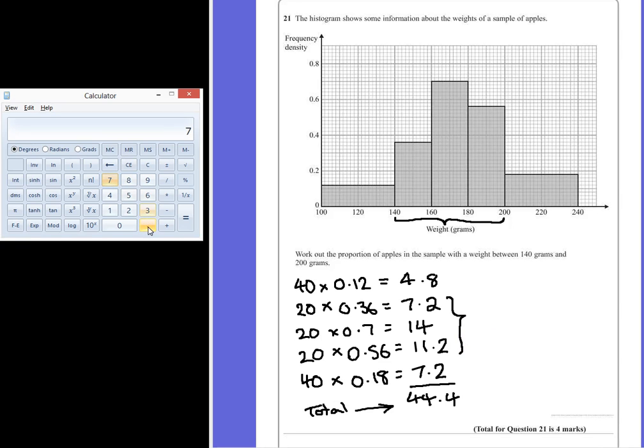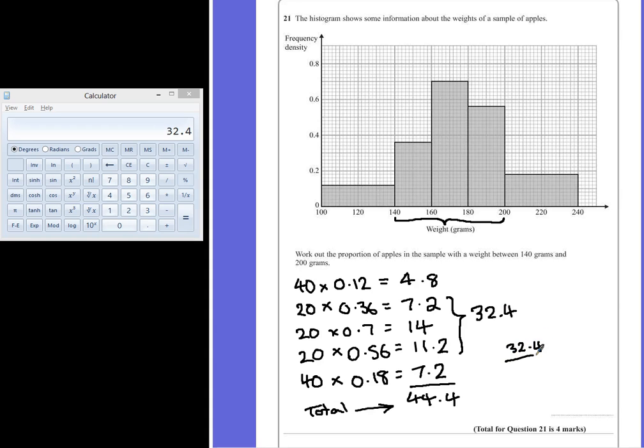So that's 7.2, add 14, add 11.2, which gives us 32.4.